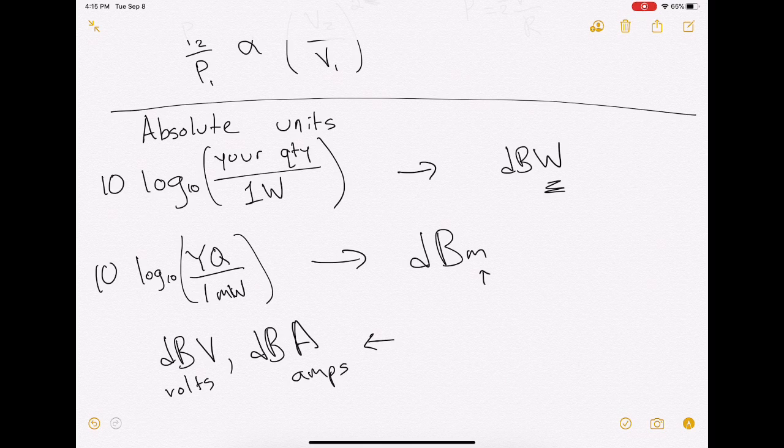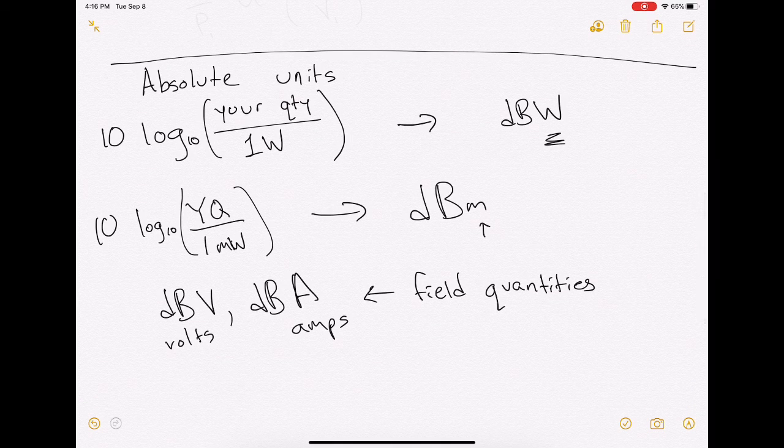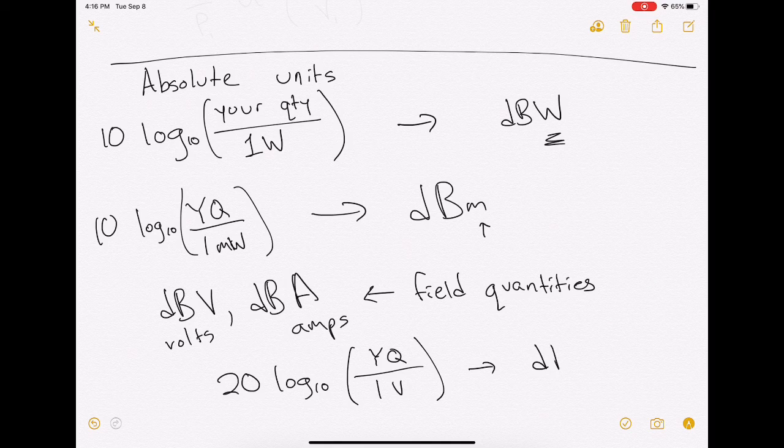Now these are both field quantities as opposed to power quantities. So that means that you have a factor of 20 on the front instead of a factor of 10. So to express something in dBV, you would do 20 log base 10 of your quantity divided by 1 volt. And then you'd get something that's in dBV.